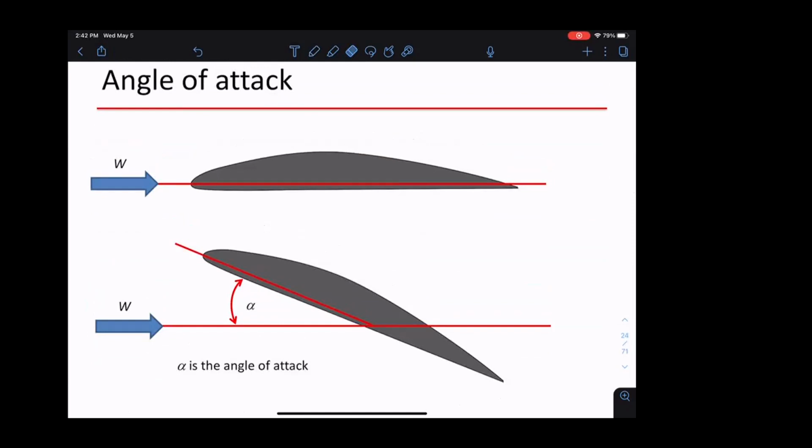So this is the wind direction, and the angle of attack is the angle that your blade makes with the direction of the wind. This can be 0 degrees, meaning you're facing directly into the wind, as in the top picture, or it can have some positive angle, meaning you're opening up to the wind. So the lift, or the torque, is really a function of the angle of attack we have on the blades.